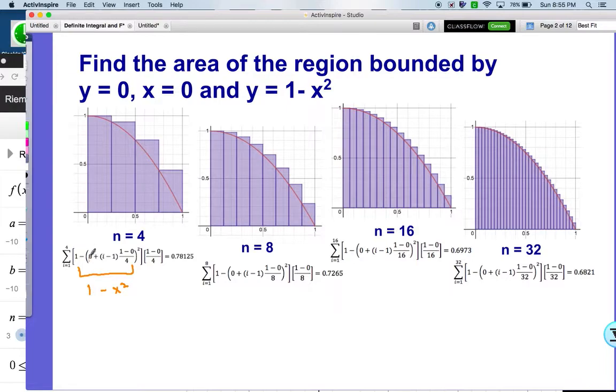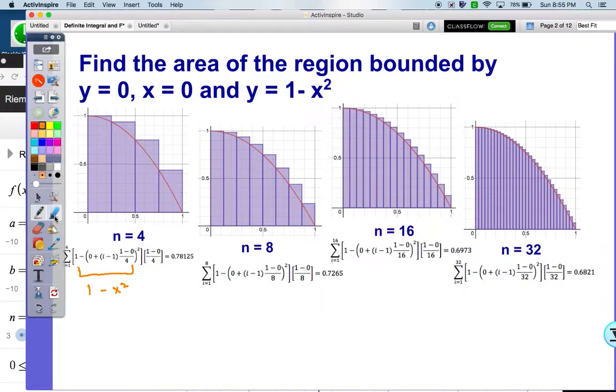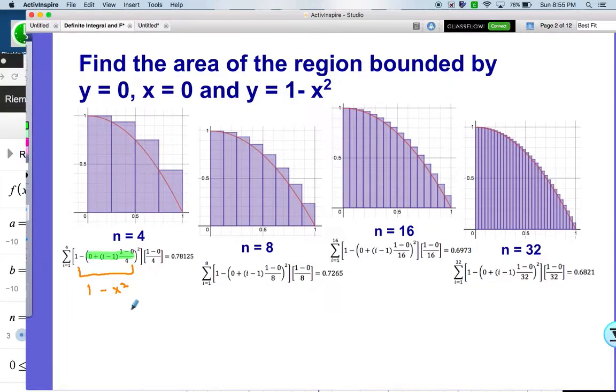The part I'm going to highlight is the x for the left endpoint, starting at 0, and then going 1 minus 1, or 2 minus 1, or 3 minus 1, or 4 minus 1. This sets up our pattern of starting at 0, and then the first right endpoint, the second, the third, because we're using left endpoints.